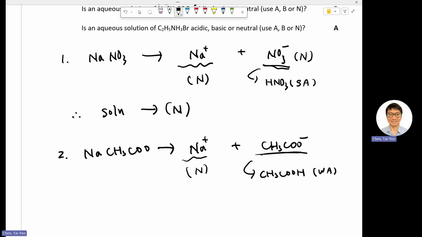Therefore, its conjugate base will be a weak base. So in this solution, you have a neutral Na+ and a weak base, CH3COO-. Therefore, the solution will be a weak base solution.